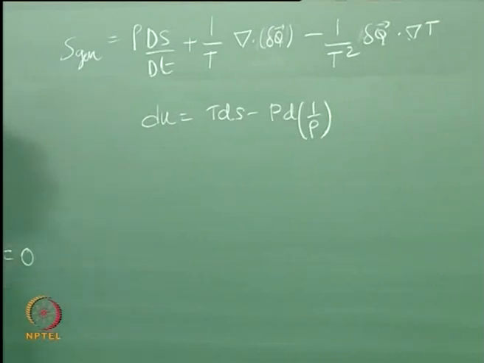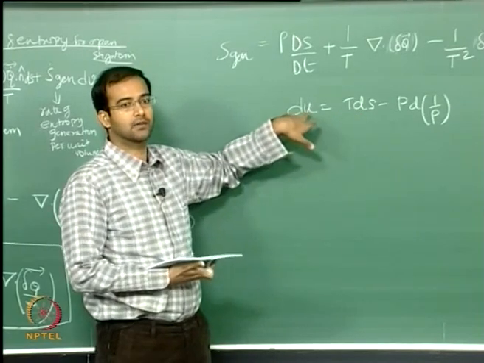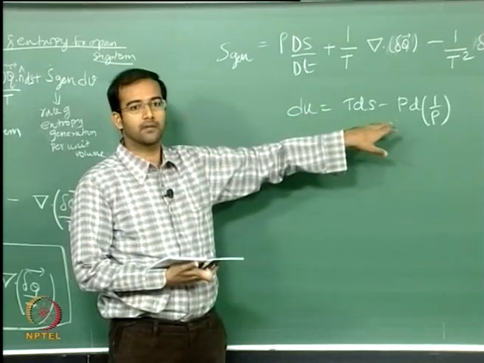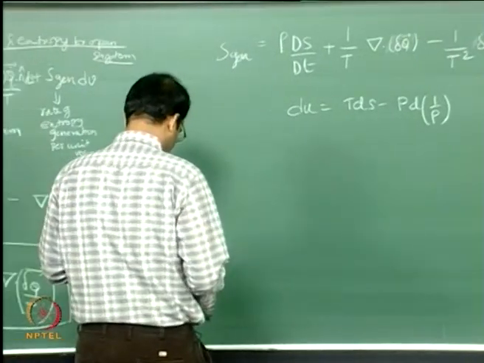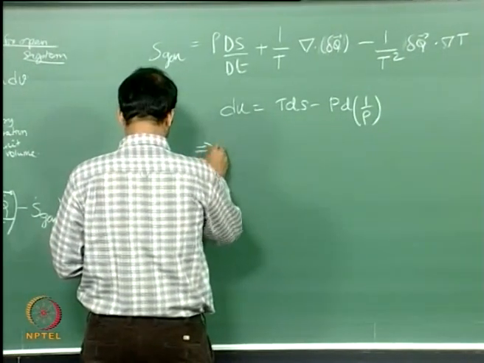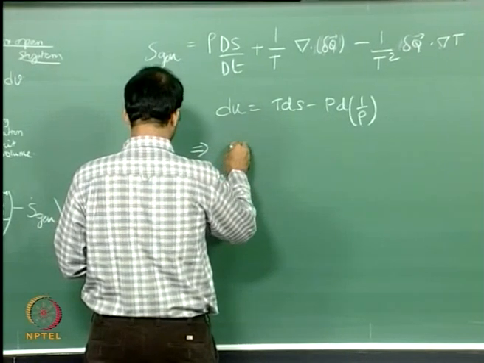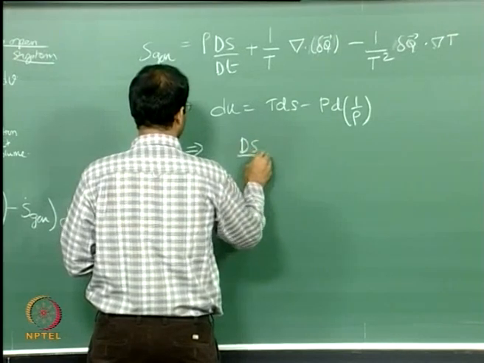So this is coming straight from your first law, where you substitute TdS for delta Q and you have PdV work. Okay, so this I can write in terms of the rate equation, and you can tell me how this should look if I want to write ds by dt.